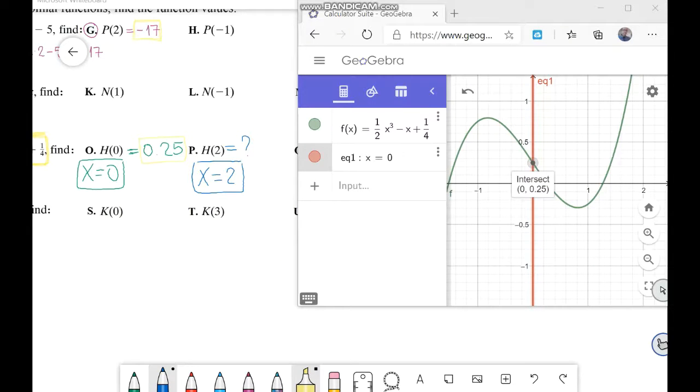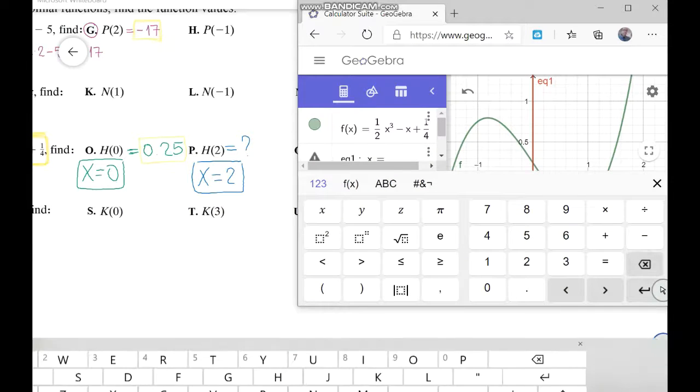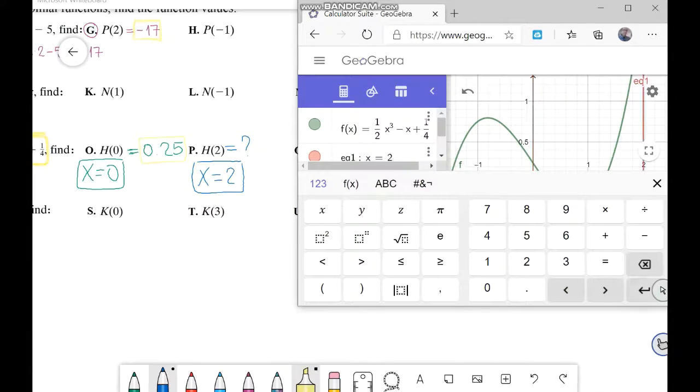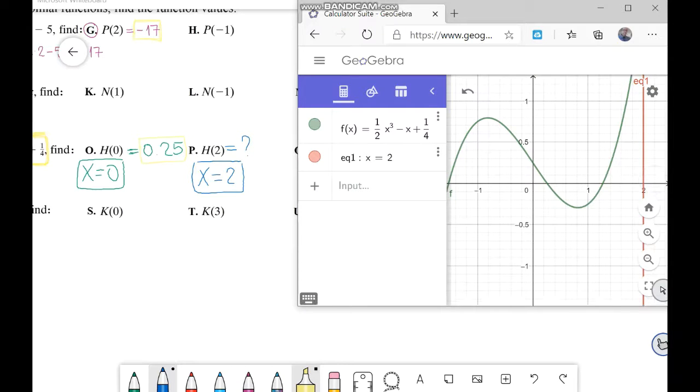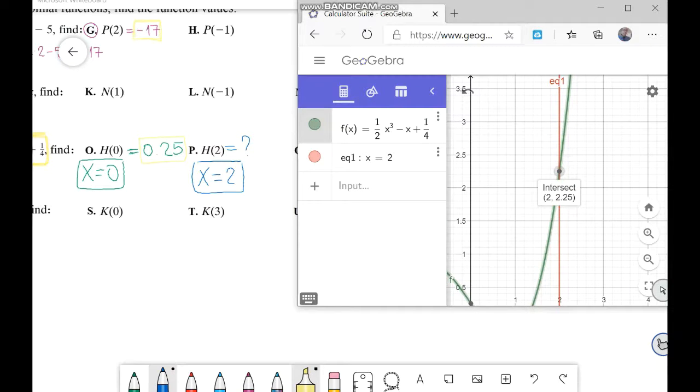So to use the graphing calculator to solve this kind of questions, type on the first line the function. On the second line, you are looking for x equals 2, right? For a solution for x equals 2, type x equals 2, enter, and then check the intersection point, y equals 2.25.